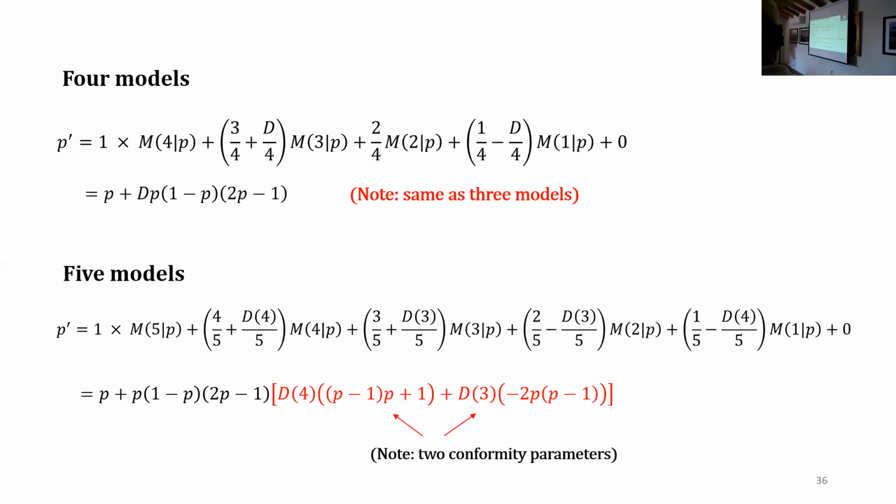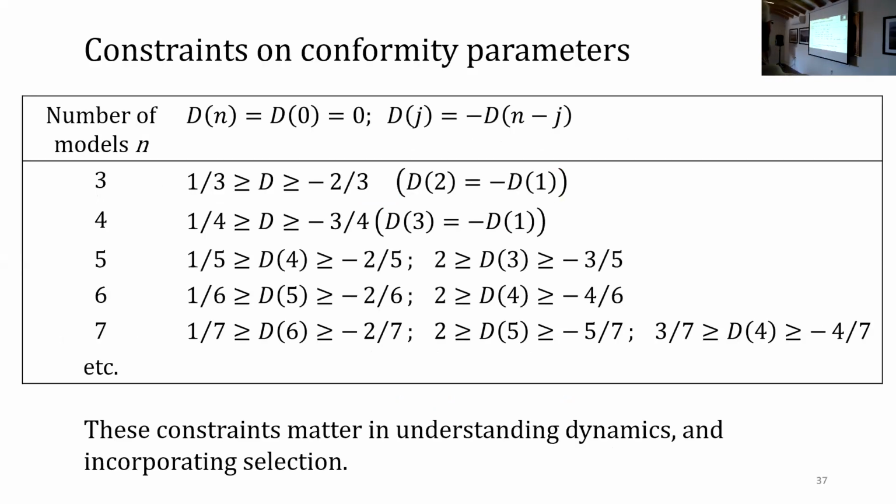Now, I emphasize this because that will play a huge role. And all of this work I'm going to tell you about is in progress. And we've discovered some very interesting facts. First of all, there will be constraints on the conformity parameters because you want the probability of being a big C or a little d to be between 0 and 1. And for that, you need these constraints.